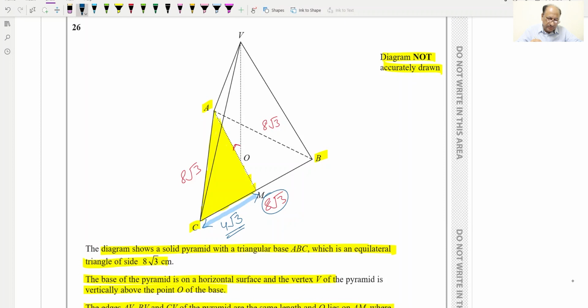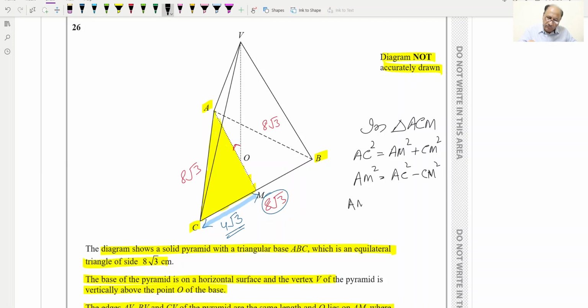So in this triangle ACM, we can apply Pythagoras theorem. AC squared is equal to AM squared plus CM squared. This is Pythagoras theorem, and we can write AM squared is equal to AC squared minus CM squared.